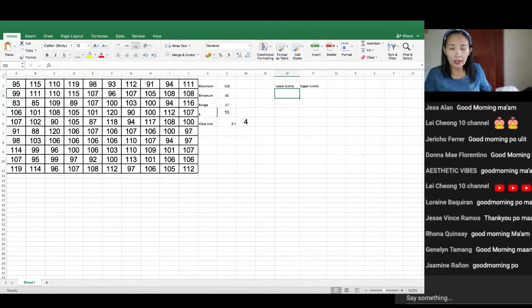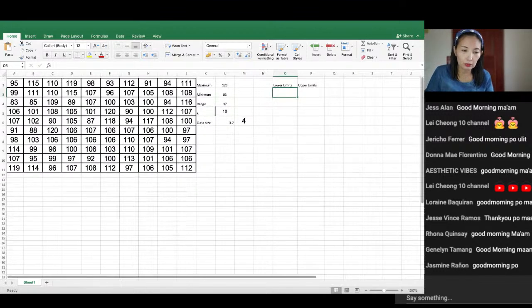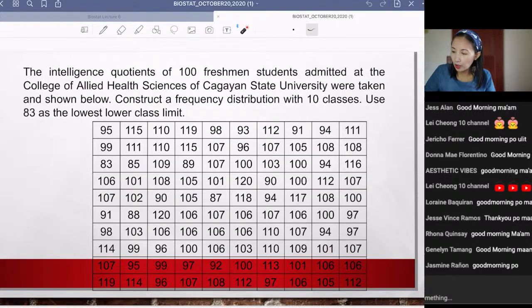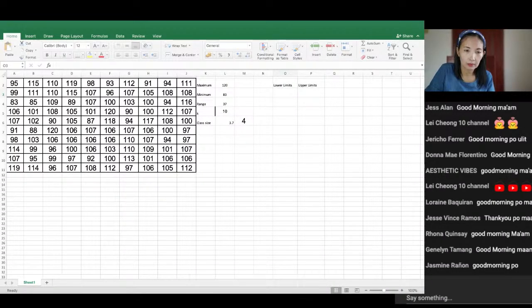Okay, so the first lower limit, going back to the problem: the lower limit of the first class is 83.